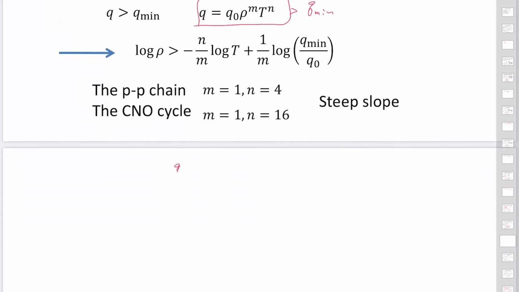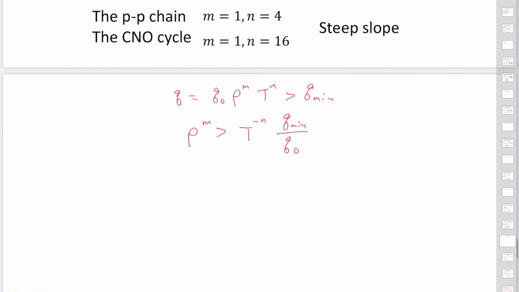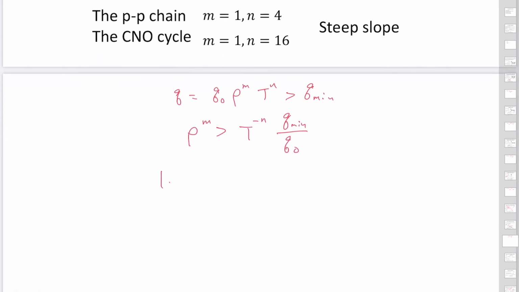So this Q, Q_0 rho^m T^n, is larger than Q_mean. So this means rho^m is larger than T^(-n) times Q_mean over Q_0. So take a log on both sides.